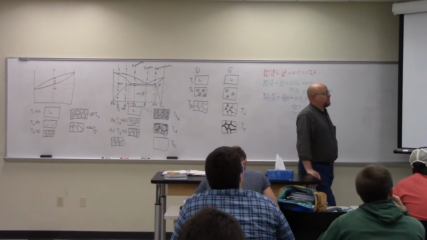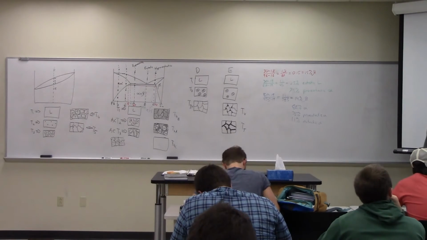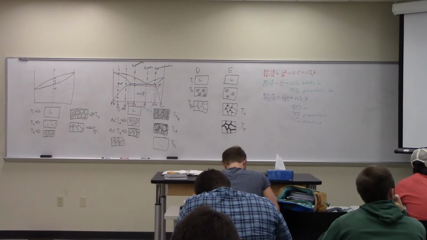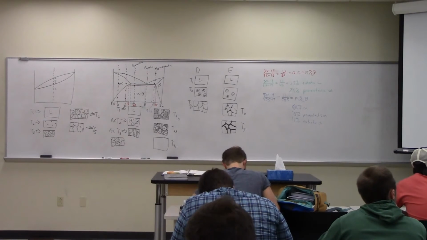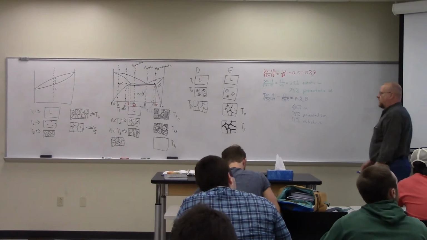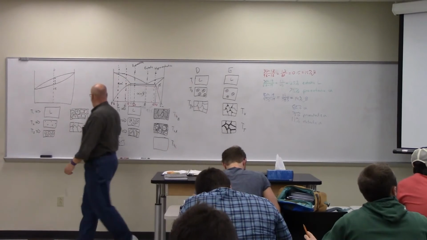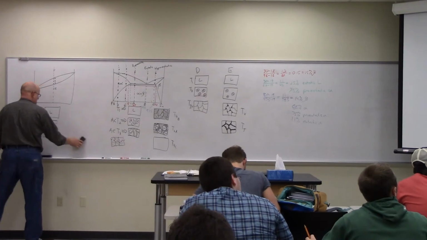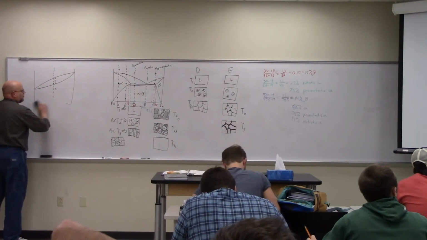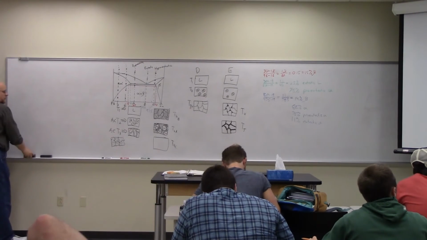So we start out at 3 weight percent. That's right here, that line. So how would I find the amount of pro-eutectic gamma? Back that up to 1,148. Go to just above the eutectic temperature, 1148 plus.